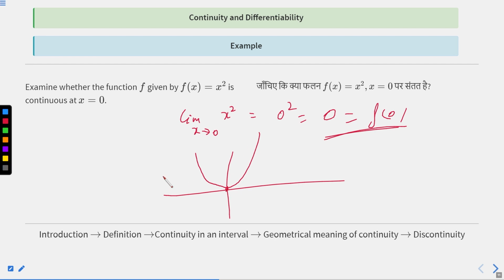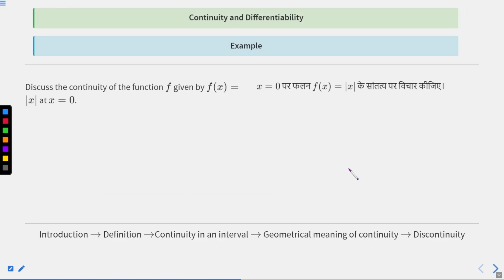At 0, the value is f(0), which is 0, and if you are approaching 0 from the left hand side and from the right hand side, you will see that the x square value is also approaching 0 from both sides. Okay, clear? Let us move to the next.